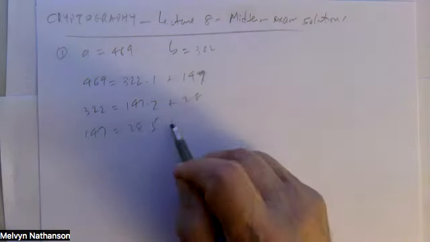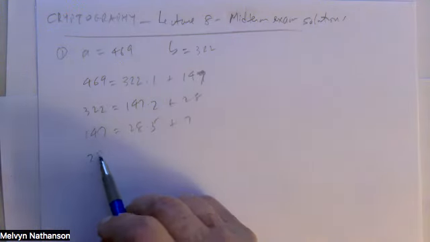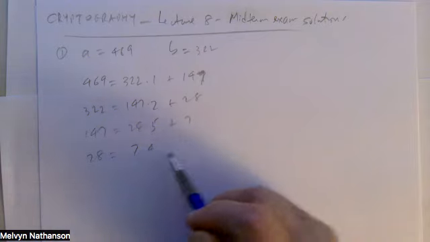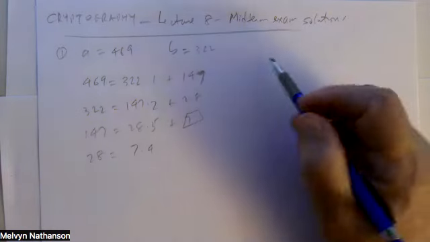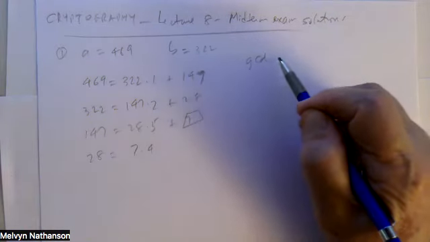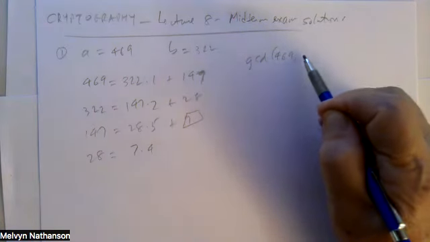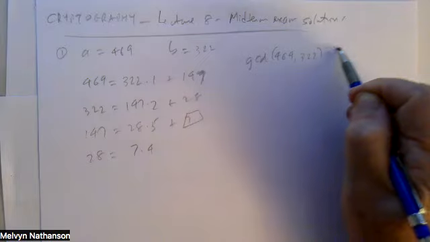That's 140 and leaves a remainder of 7. And 28 is 7 times 4 with a remainder of 0. So the greatest common divisor of 469 and 322 is 7.